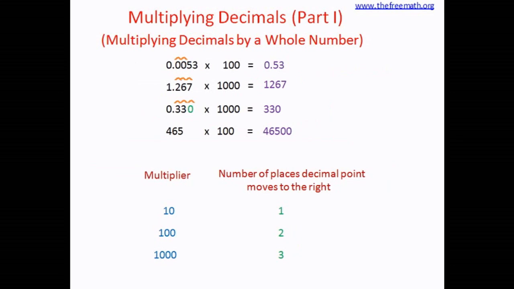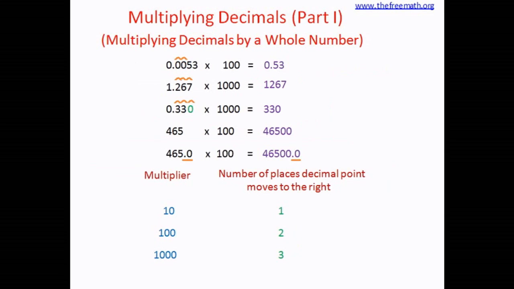But if you really want to see the decimal point here in this problem, where is the decimal point? The decimal point is here after 465. 465 is same as 465.0. Typically we do not write this decimal point and 0 in case of a whole number, but if you do want to write, this is the way it is written.